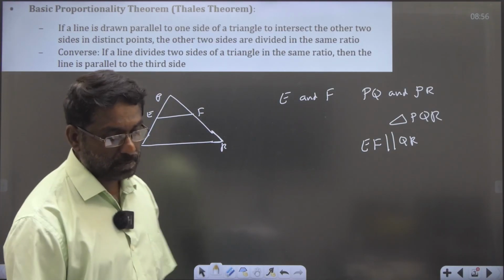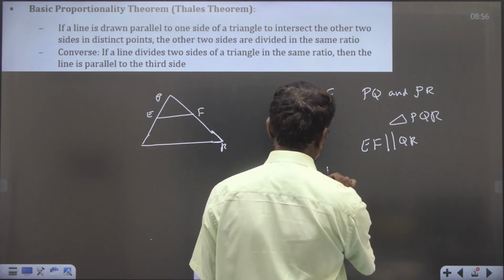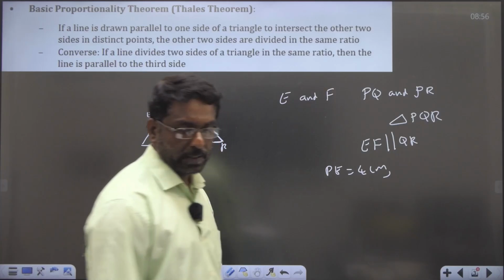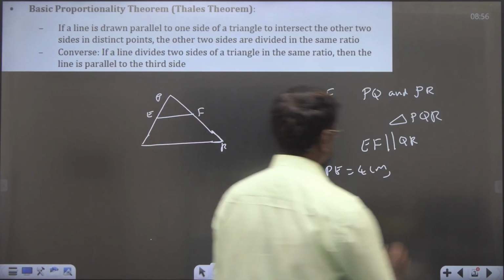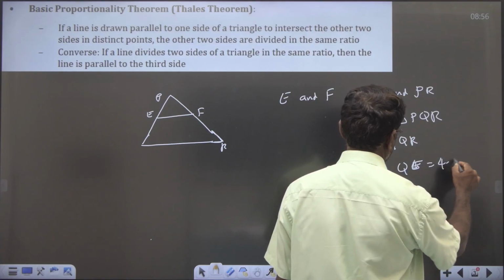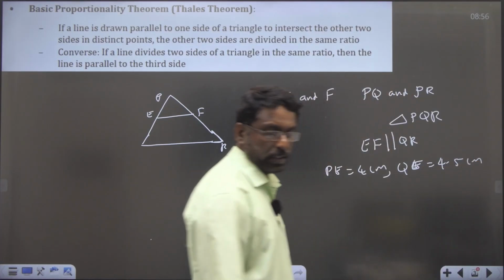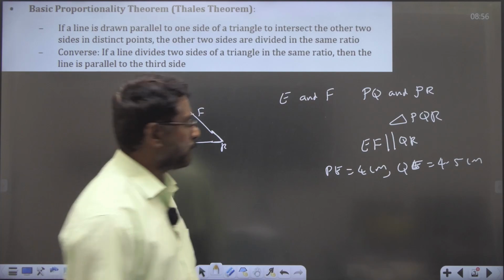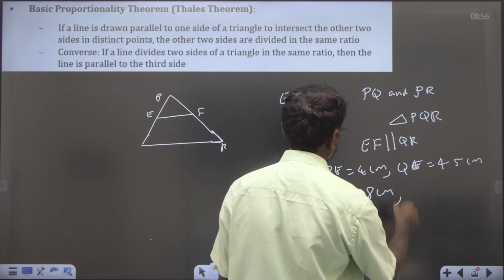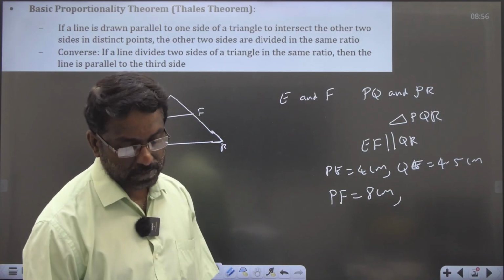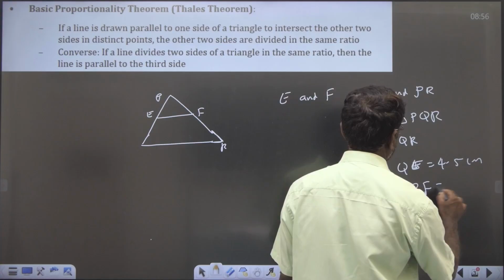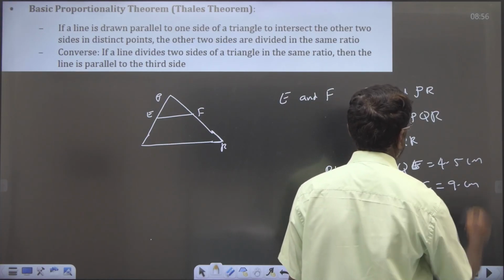Here it is given that PE is equal to 4 centimeter, QE is equal to 4.5 centimeter, PF is equal to 8 centimeter, and RF is equal to 9 centimeter.